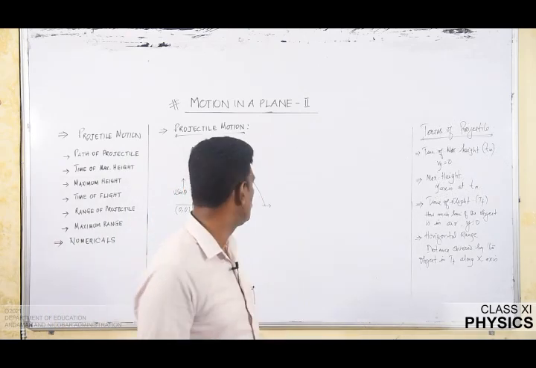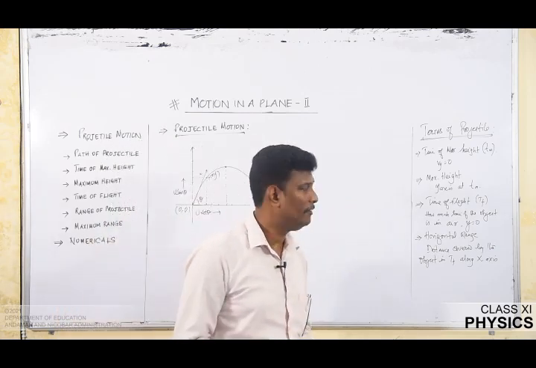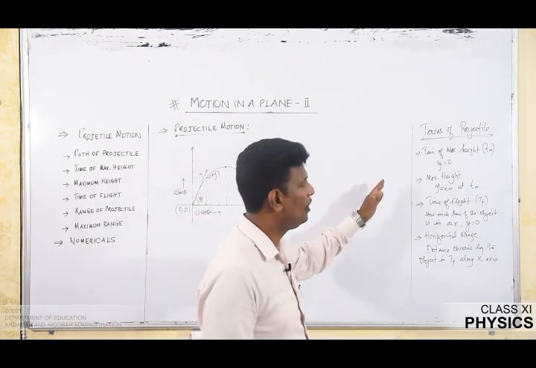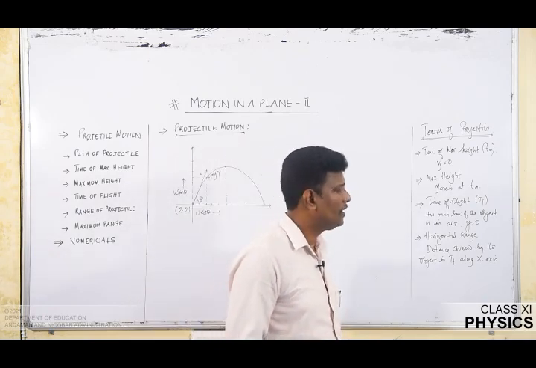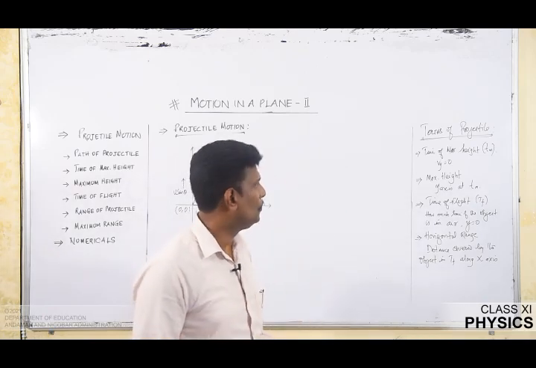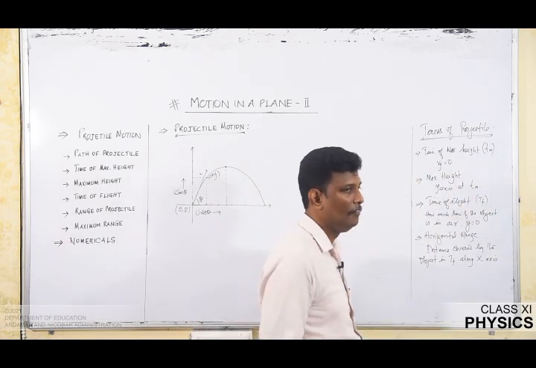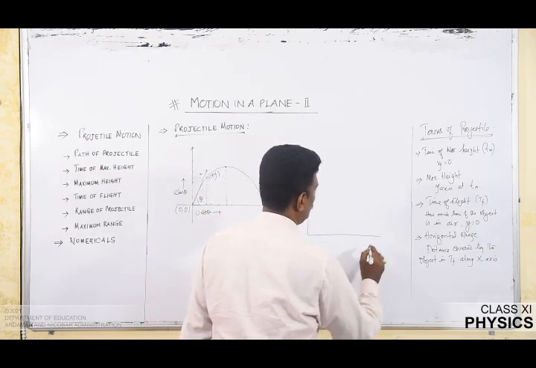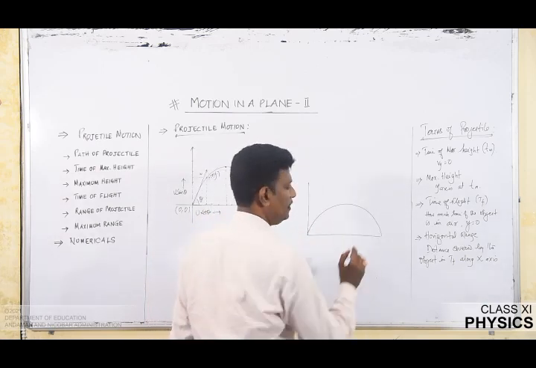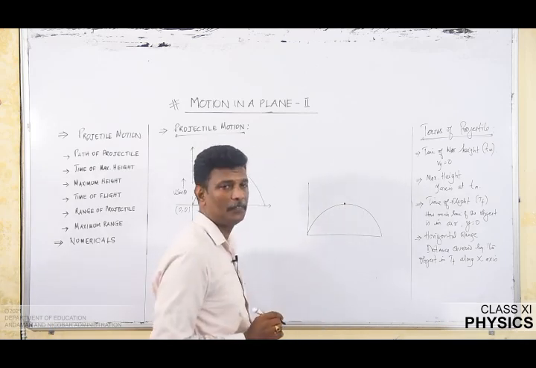Some of the terms in projectile are given here. We will discuss separately one by one, which are very much important to understand as well as do the numericals also. First one is time of maximum height. This is the projectile and this is the maximum height.